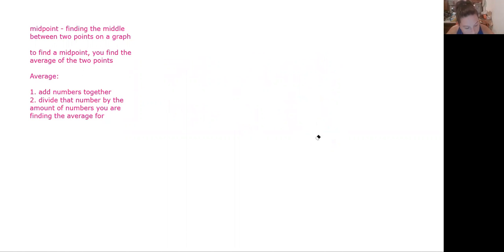So midpoint is another word for average. What we're trying to do is we're graphing the midpoint. So again, remember, graph equals show the number on the number line.